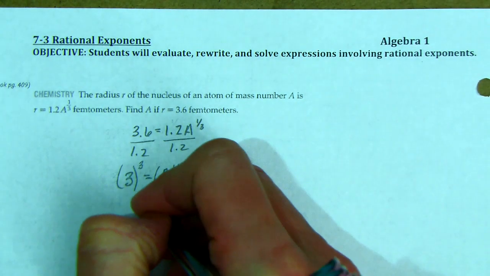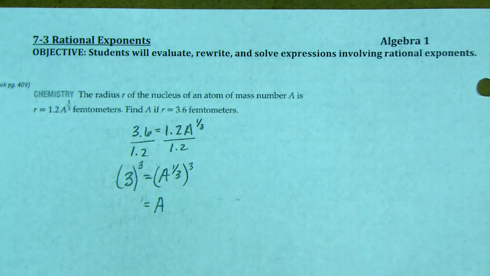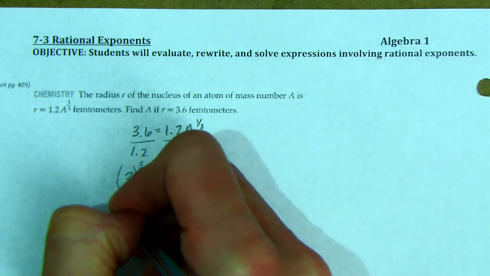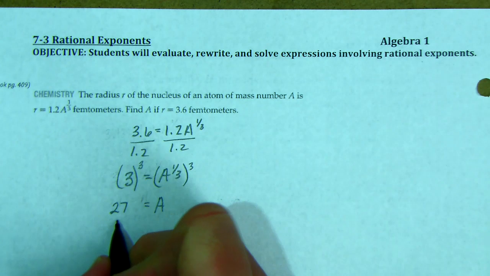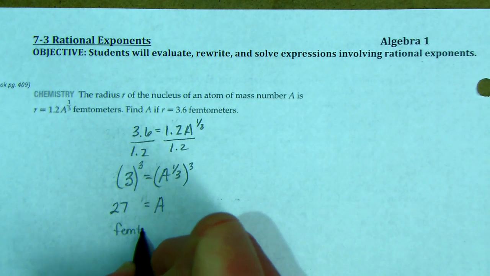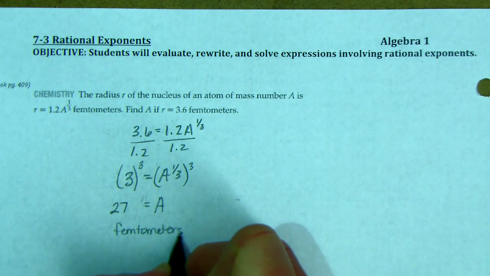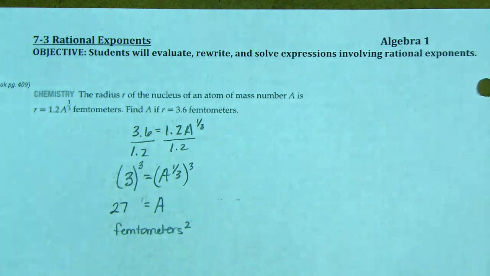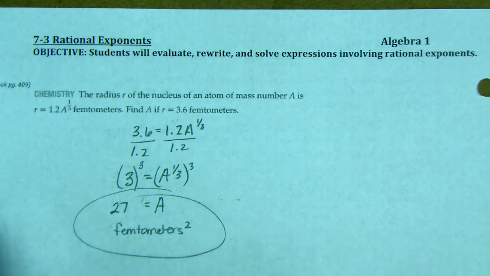So A equals 3 to the 3rd power, and hopefully we know that, 27, and my label is femtometers squared. 27 femtometers squared is the area. It's got to be a very, very tiny unit, because we're talking about the nucleus of an atom. Okay, so very small.